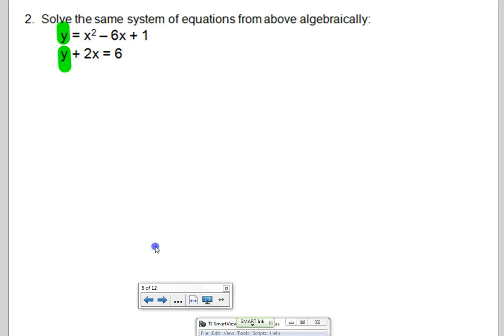Now, in order to do this, I am going to color code for a second. So we have this equation.